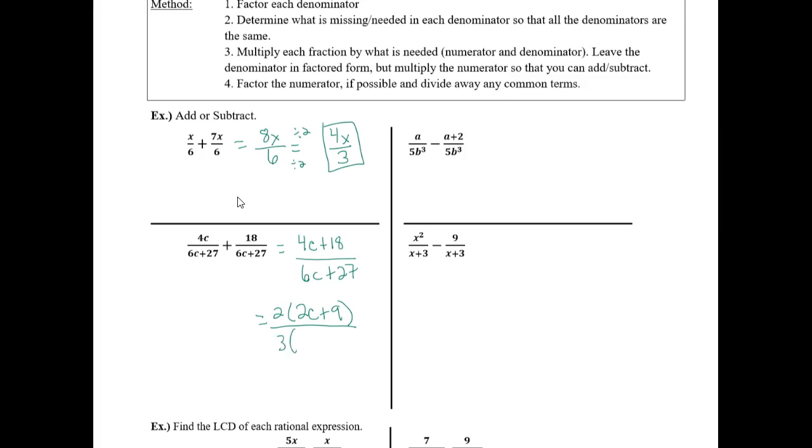When I divide out a 3, that leaves me with 2c plus 9. And once I've factored it completely, I see a common factor of 2c plus 9. So I divide that out. Anything divided by itself is 1. And so that whole thing goes down to 2/3. Go ahead and try the 2 on the right.